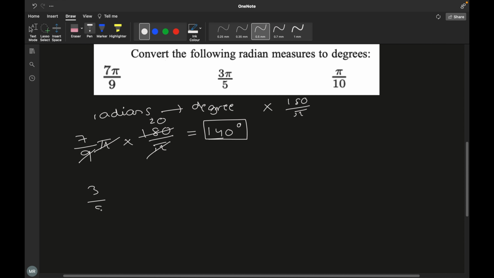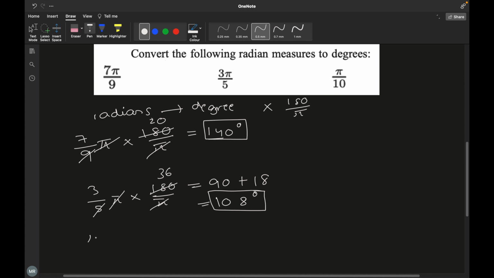And then 3 by 5 pi into 180 by pi. The pi gets cancelled. And then this will be 36. And that's 90 plus 18. So that's 108 degrees. Second answer.